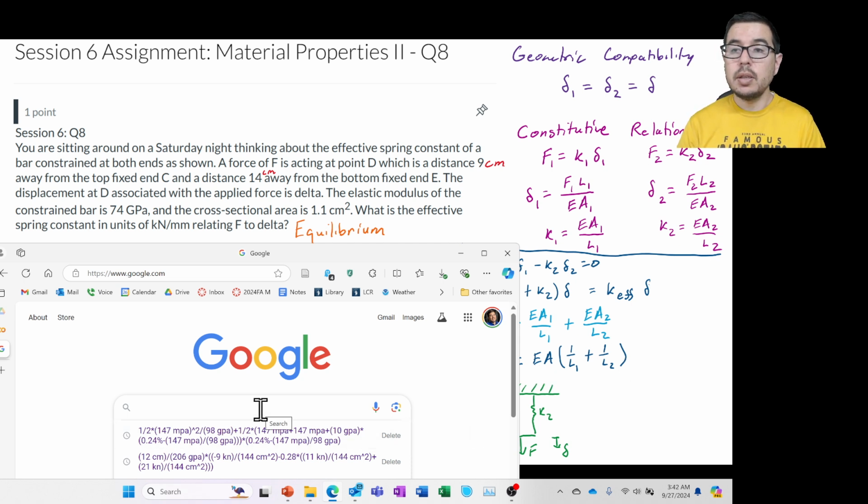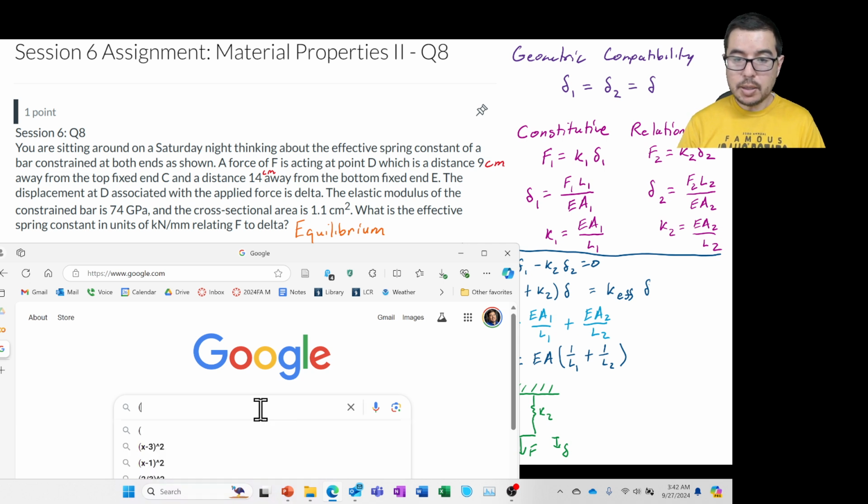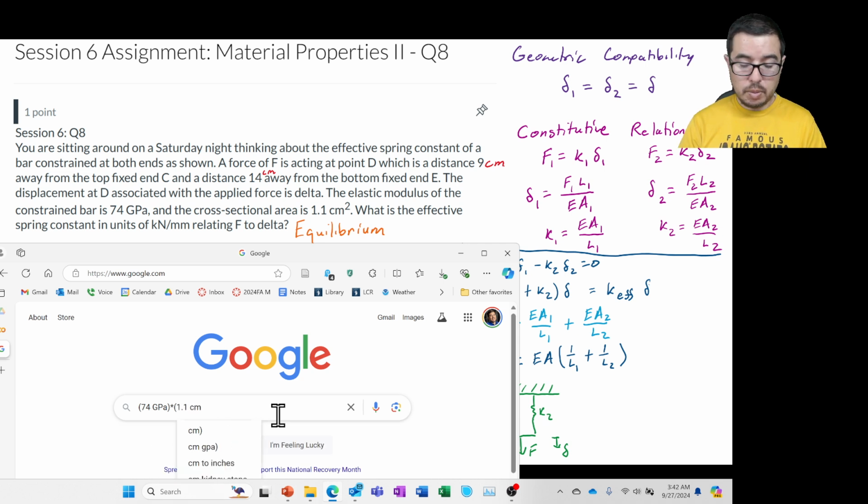So E is 74 gigapascals. And what's the area? It says that the area is 1.1 centimeters squared. So we'll do 1.1 centimeters squared, and then we're going to multiply by 1 over, let's see, what is L1? L1's the top one.